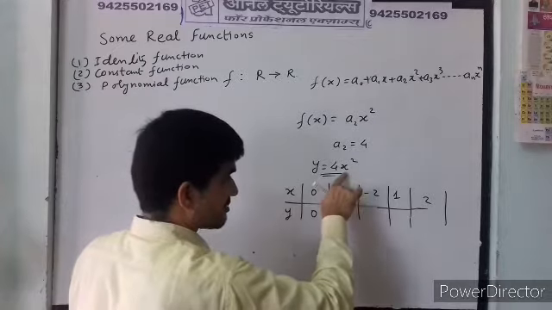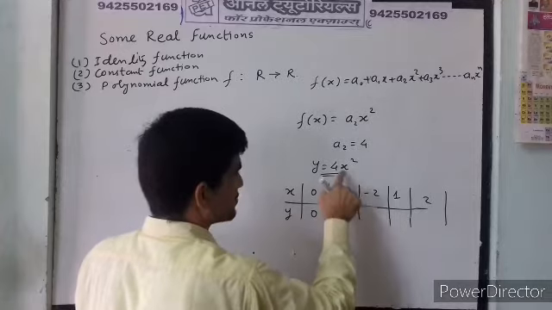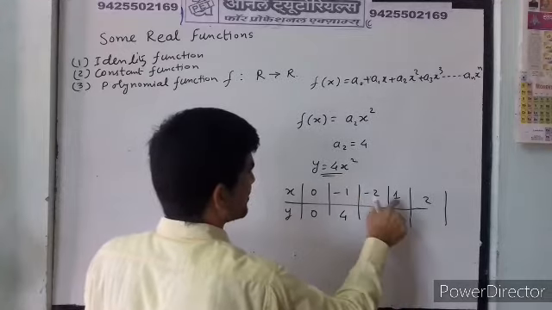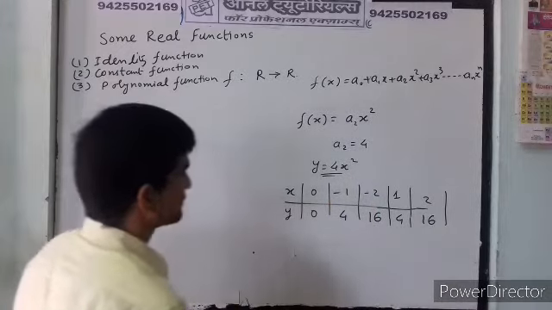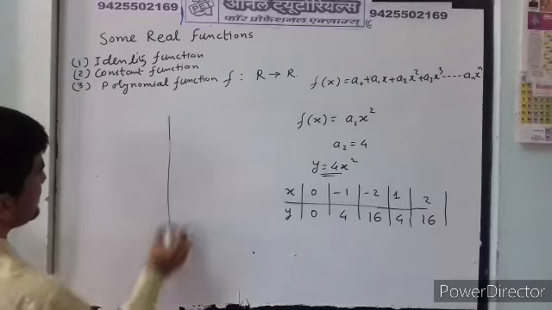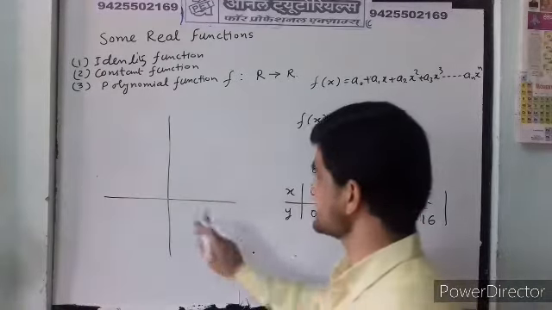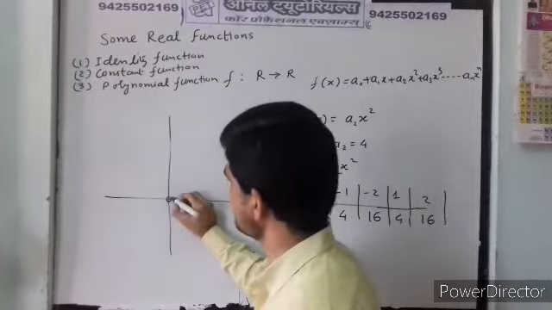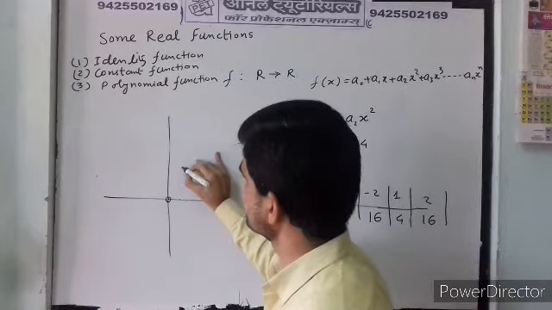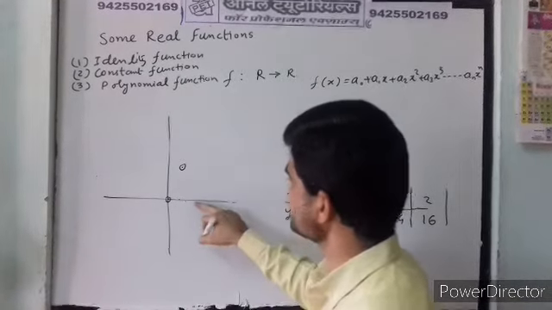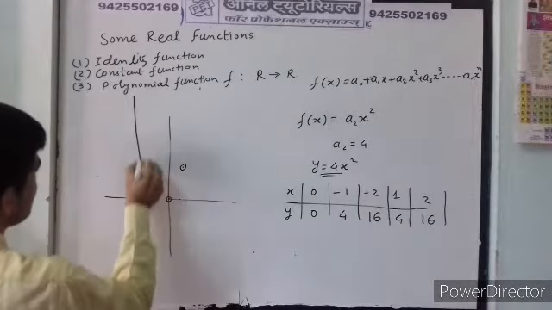When you put x equal to minus 1, you get 4. When you put minus 2, you get 16. When you put 1, you get again 4. When you put 2, you get again 16. Okay, see here which type of graph you will get. For x equal to 0, y is also 0. For x equal to 1, y is equal to 4. When x equal to 2, y equal to 16. Means you will get a parabolic graph like this.